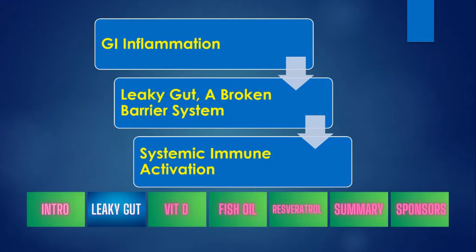Their protein structures may be similar to your own tissues' protein structures, so similar that they mimic one another in structure, and the immune system can't differentiate them, so it reacts to you, thinking that you or your tissues that are similar in structure are the, for example, partially digested food proteins or peptides that are coming through the GI tract wall into the bloodstream. And that process of your immune system attacking your tissues mistakenly, because of the similarity in structure, is called cross reactivity. So that's as far as we'll go with that, because I've talked about that, and that can be a really long conversation in and of itself.